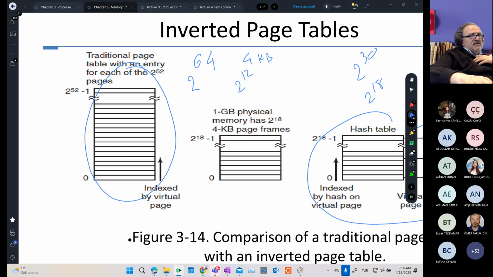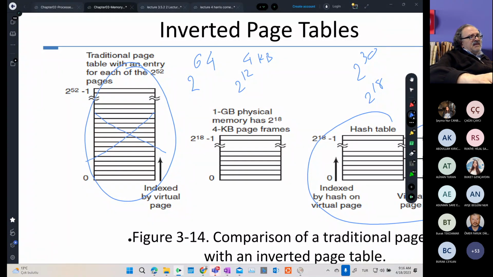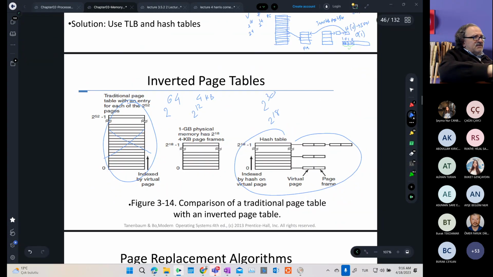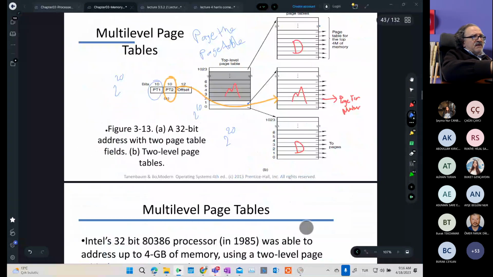Nobody is using it. If some part of it is completely empty, you don't have to keep it anywhere, okay? You just keep that information. This part of the memory is not used at all, okay? You don't keep it in the memory, okay? You just use a flag like this one.